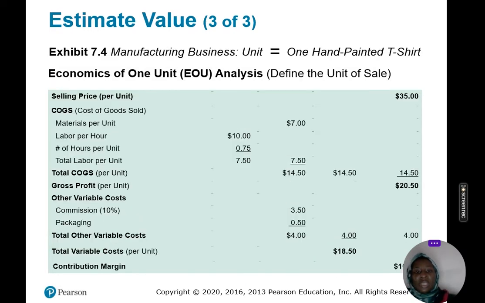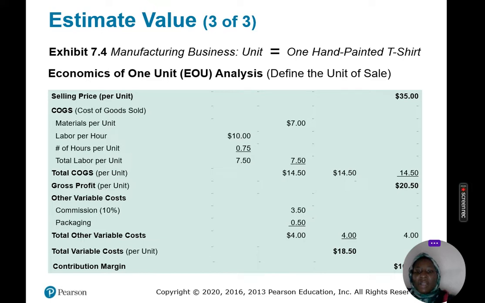Now we also have the economics of one unit. We've done this before, but this is just a total summary breakdown of how you can go about it. The selling price per unit was $35, and the cost of goods sold is $7. That is the COGS. Then we have the labor per hour, which is $10, and the hours per unit.